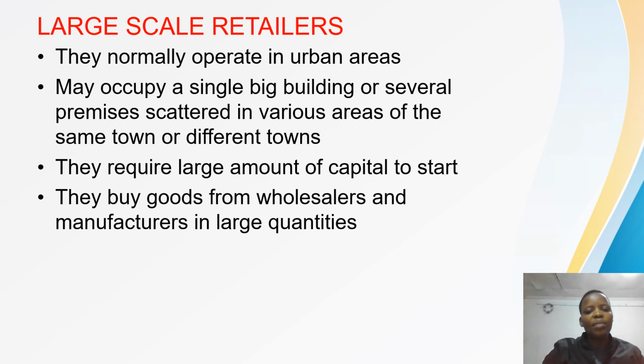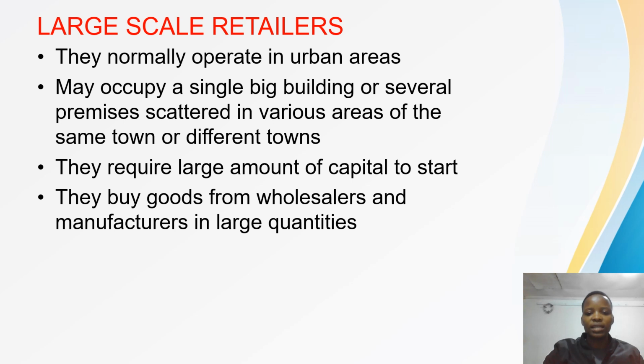But in urban centers or urban areas, we have large scale retailers and they normally operate in urban areas. They may occupy a single big building or several premises scattered in various areas of the same town or different towns.